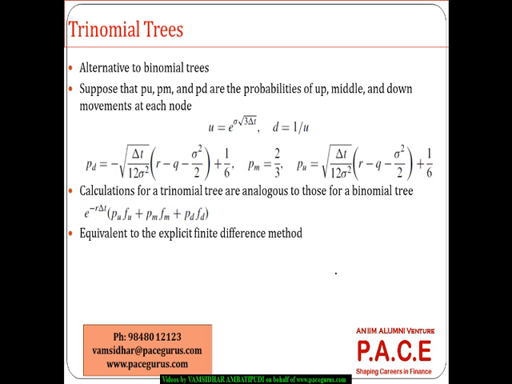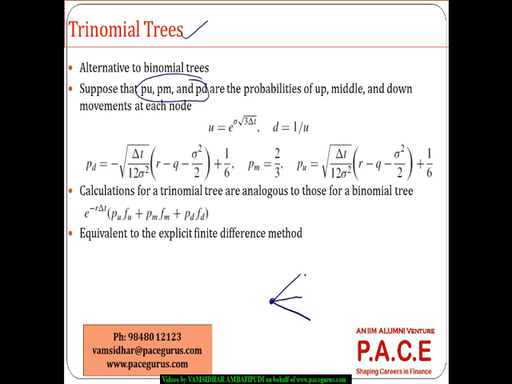Then another method that has been brought out as an alternative to the binomial tree approach is the construction of trinomial trees. So here we talk about the three movements: up, middle and down. So there is a probability of up movement, probability of middle movement and down. So we talk about not two movements, we talk about three movements for each: the up, the mid and the down.